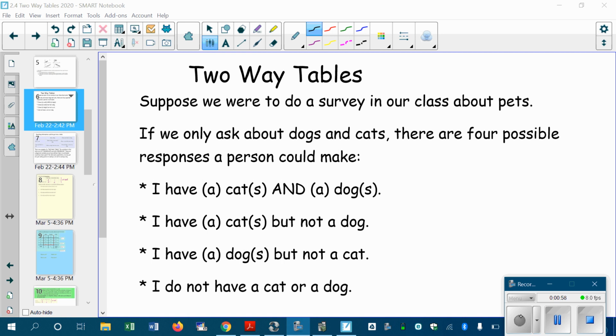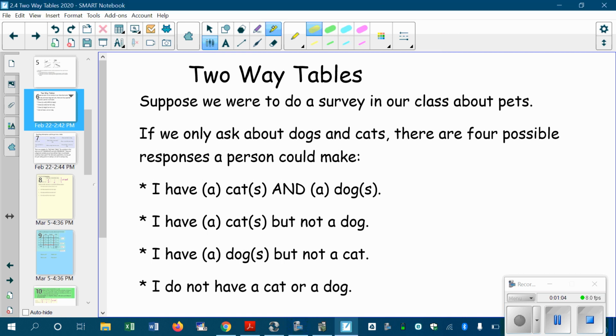So if we were to do a survey about pets, and we restricted our attention about pets to just dogs and cats. Now, I'm fully aware that you can have other pets besides dogs and cats, but just humor me, okay? We're not looking at the turtles or the ferrets or anything like that. If we were just asking about dogs and cats, the different options are just 4, okay?